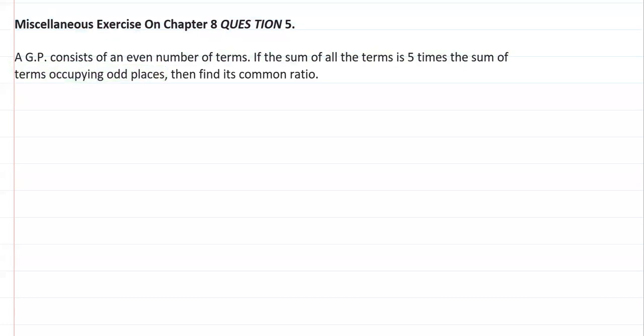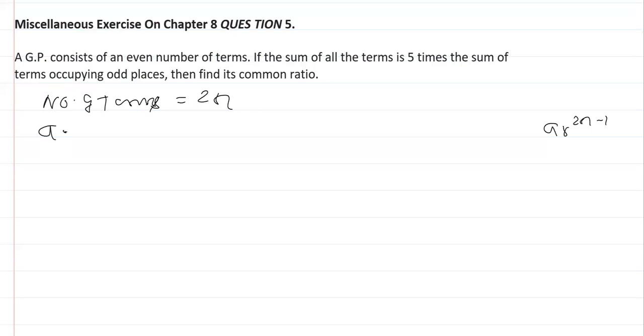We know that there are an even number of terms, right? So let the total number of terms, since it is even, be 2n. Even numbers are represented with 2n. Now the first term is a, and the last term is ar to the power 2n minus 1.